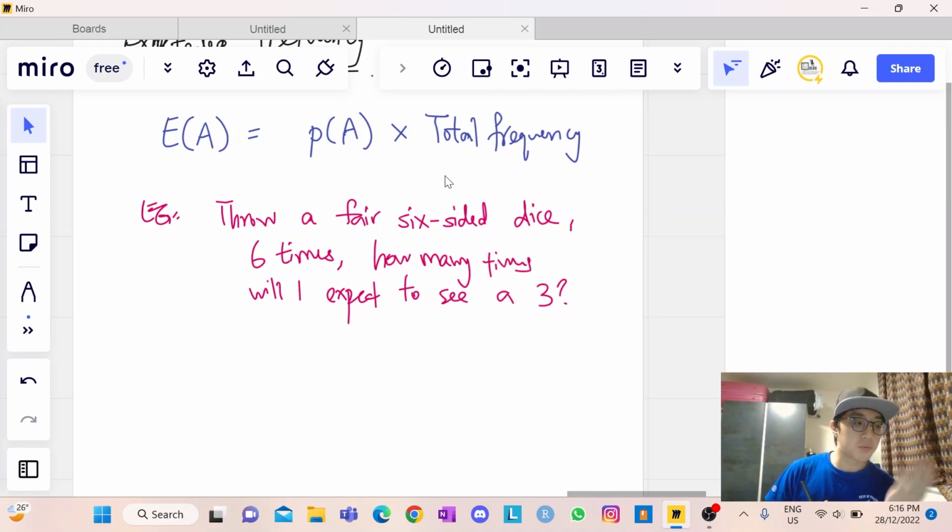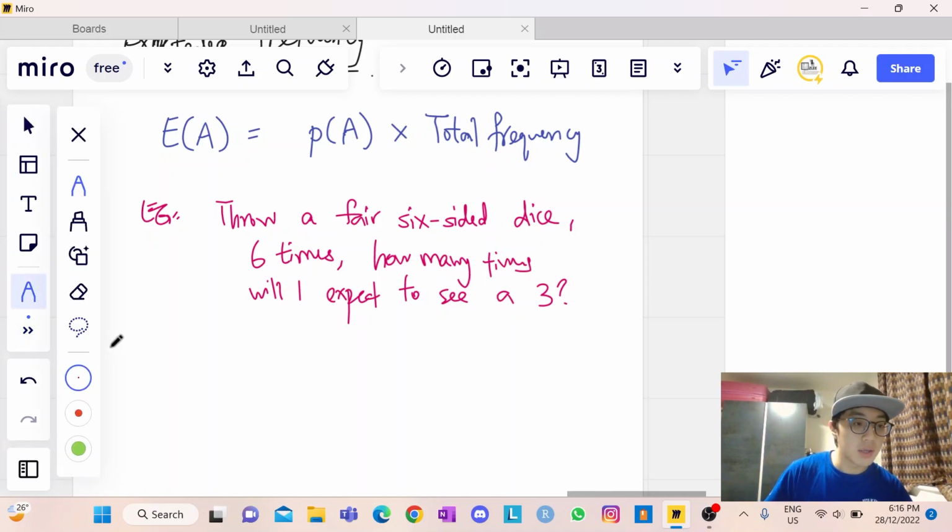From the previous slides, we said that the probability of us getting a 3 is 1 out of 6, because we can get 1, 2, 3, 4, 5, and 6. There are 6 outcomes, and only one outcome is a 3, so it's 1 out of 6. So if I throw this six-sided dice 6 times, how many times will I expect to see a 3?